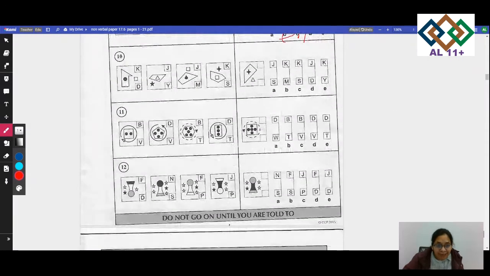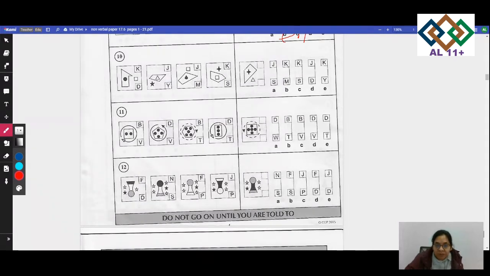Let's go to number 10. In number 10, again, we have to see what's happening to the shape, what we have to find. In number 10, we look at J and K. If you look at J, it has a large four-sided shape.